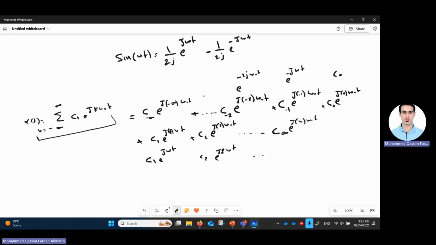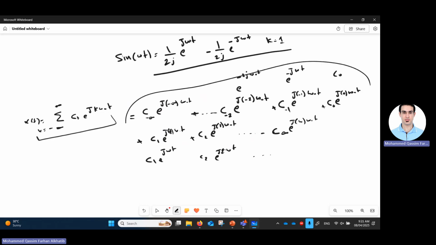You'll notice that, if you consider a certain value of k, this one only happens at k equal 1, right? Because if it was 2 omega, like if you compare this term with these whole terms here, you will find that the only values that exist are this one, e to the power negative j omega t, and this one, e to the power j omega t.